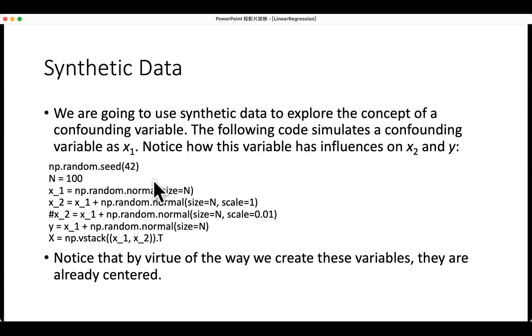First you randomly generate some numbers for x1, and x2 is actually x1 plus some random number, and y will also be x1 plus some other random numbers, and then we store this together.